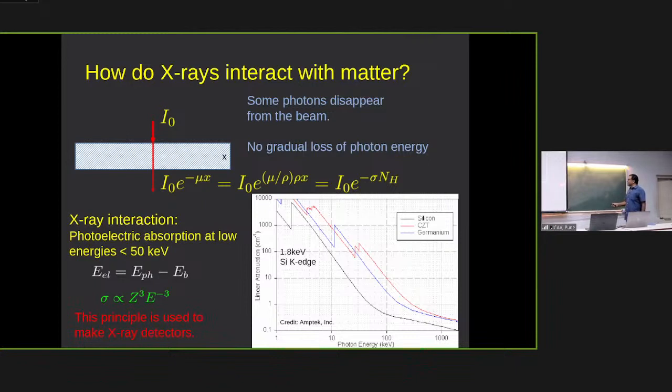This, for example, is for silicon. This is the K shell ionization energy, and then this is above that K shell energy. So you will see here E to the power minus 3. This absorption cross-section simply decreases as E to the power minus 3 above this K shell ionization.